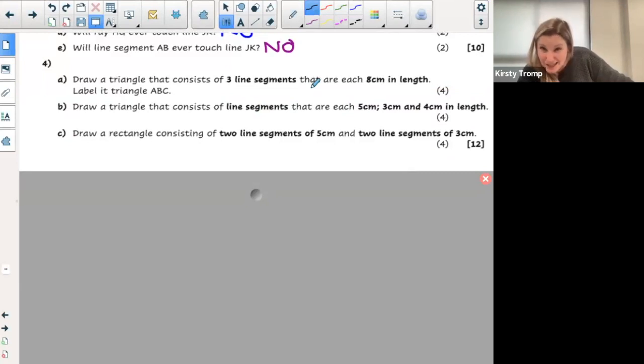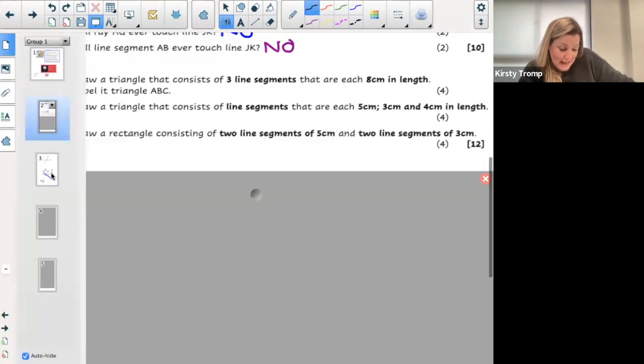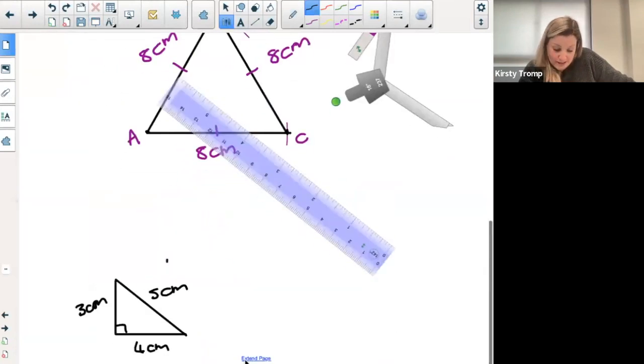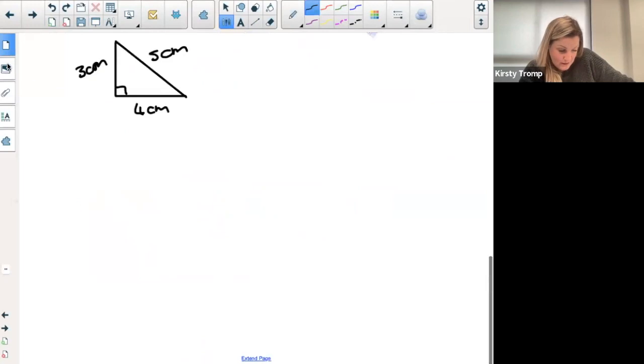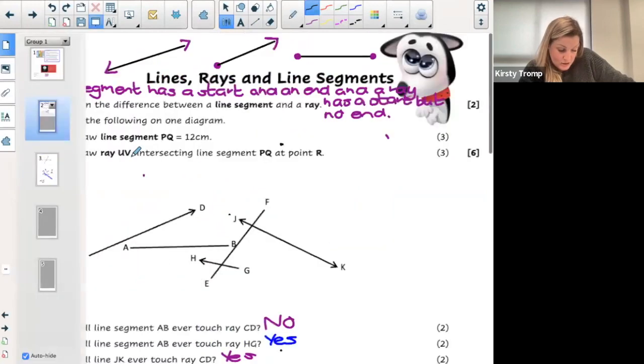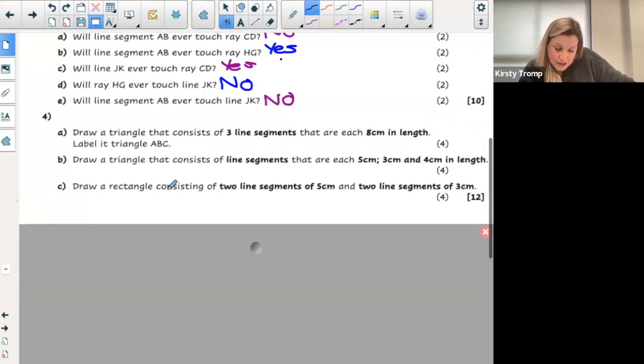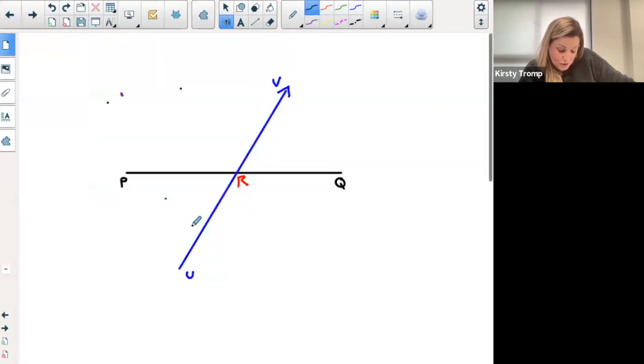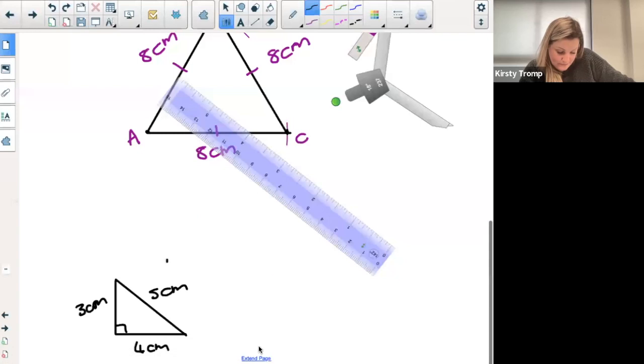What do we know about rectangles? Well, we've been doing a lot of practice about geometry. We know that geometry has right angles in it. So if we want to draw a rectangle, what do we need? We need to have a ruler. Okay, it asked us to do 5 centimeters and 3 centimeters. So we're going to go grab our ruler.